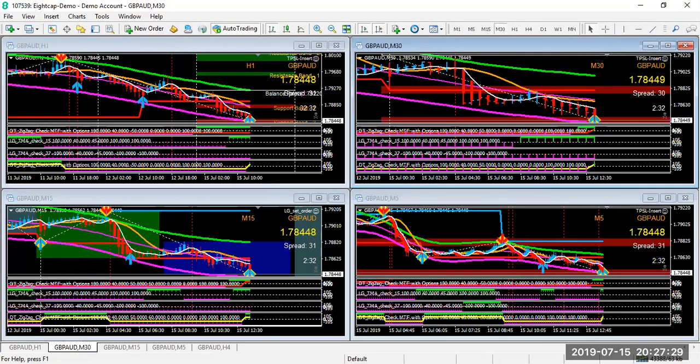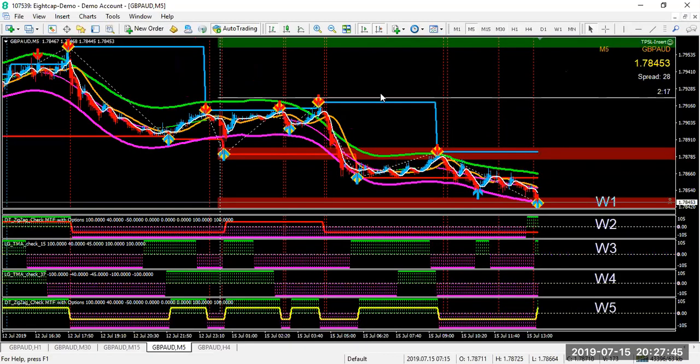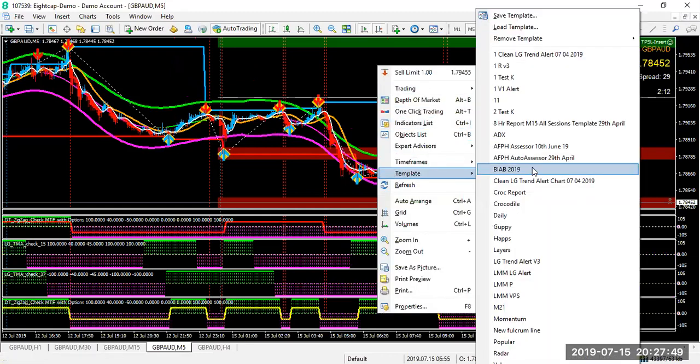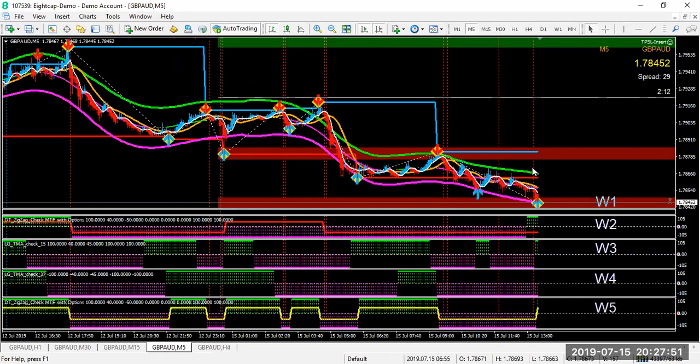All right, so now these vertical lines are basically cherry-picking the best trades of the Business in a Briefcase template. Just to show you all the work that you're missing out on, because the Business in a Briefcase has 16 questions.